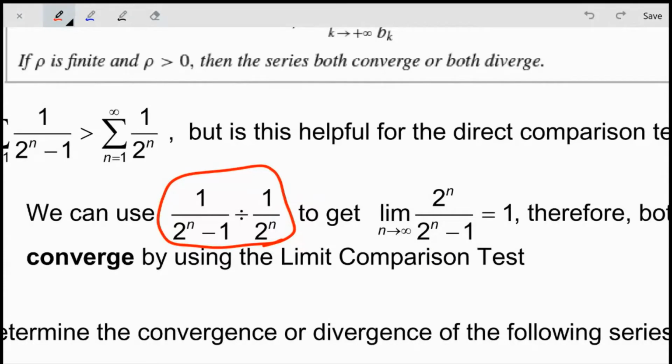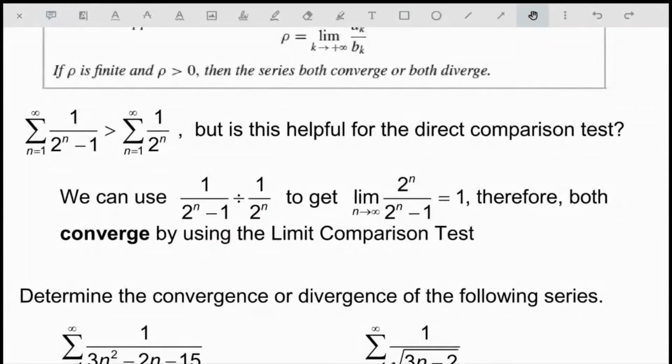That means both of these series are going to behave the same way. So the series we want to look at, the 1 over 2 to the n minus 1, is going to converge by the limit comparison test, because 1 over 2 to the n converges by the geometric series test. So it's a little bit of a multi-step process here, but it's actually really easy to use.